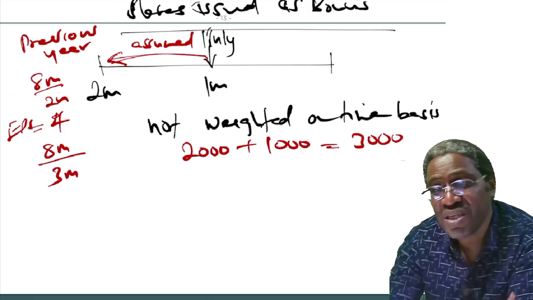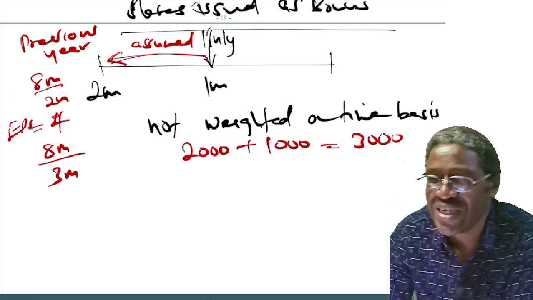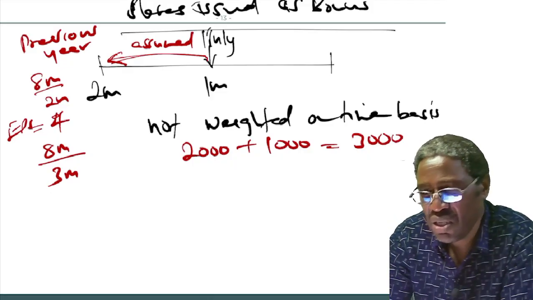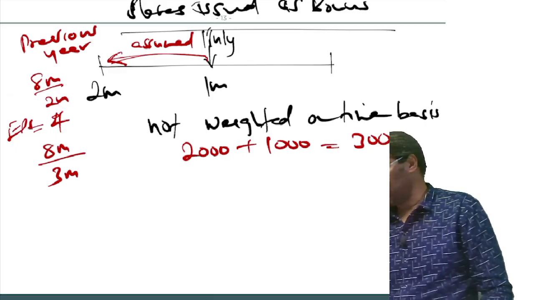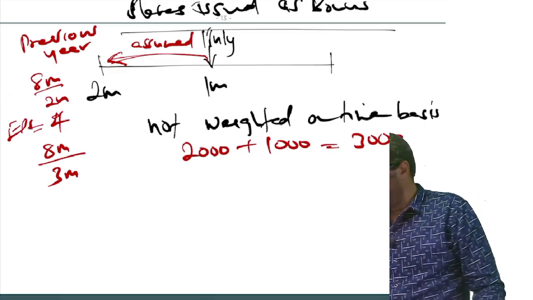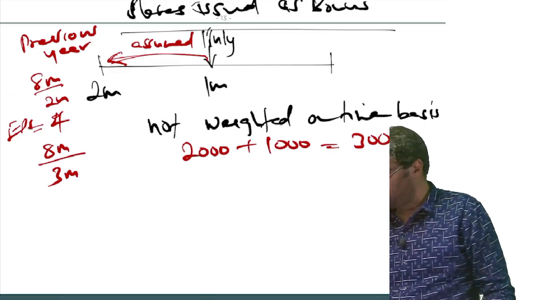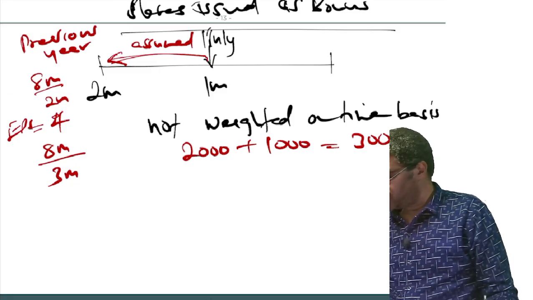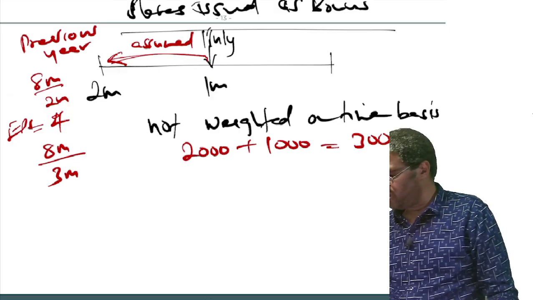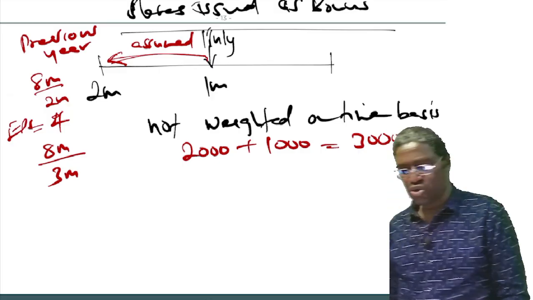That will become the restated EPS, which looks like 2 point something. Let me calculate, just for illustration. We are dividing 8 million divided by 3. That's about 2.66.